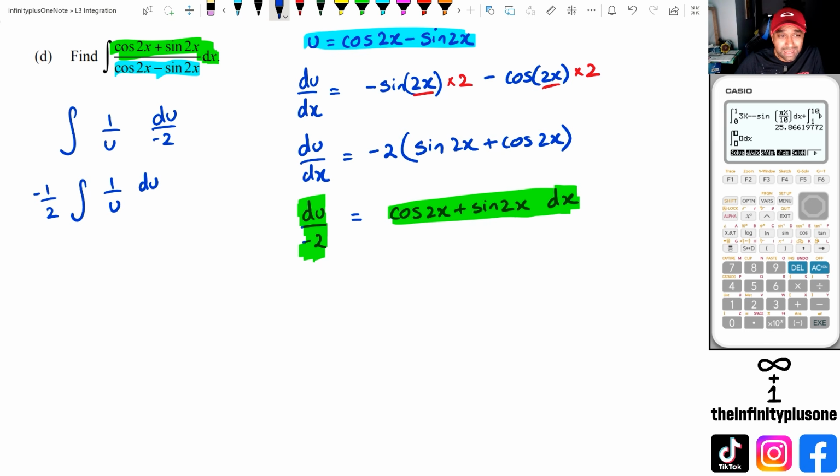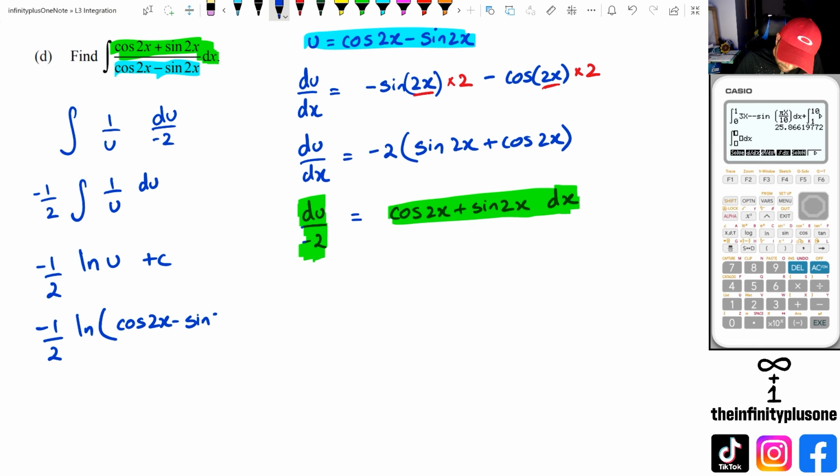So I've got negative half times 1 over u du. So this is just negative half ln of u plus c. Then I'm going to get rid of the u and put in negative half ln of cos 2x minus sine 2x plus c. And you're done.